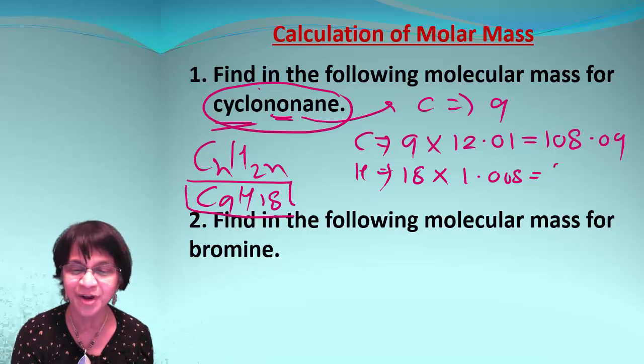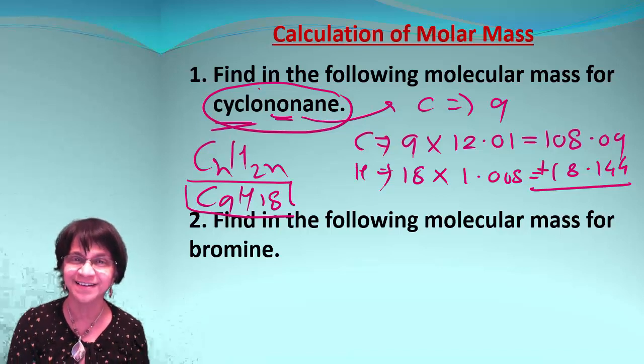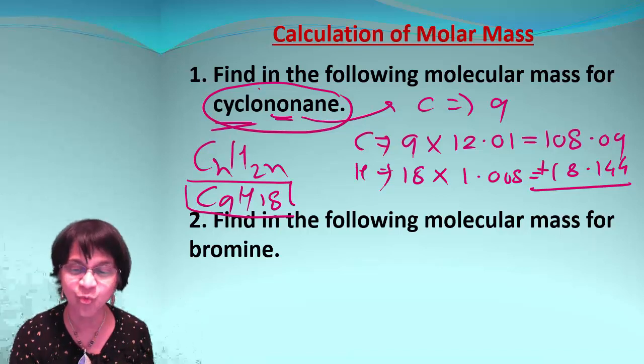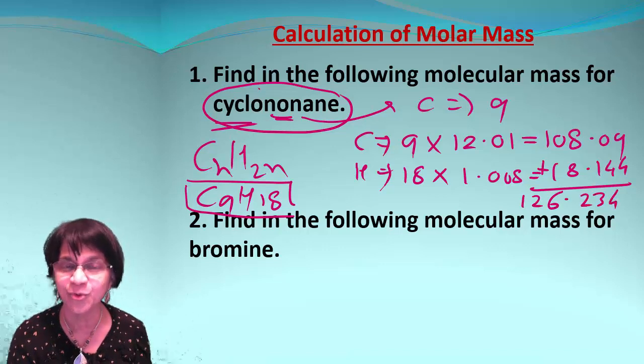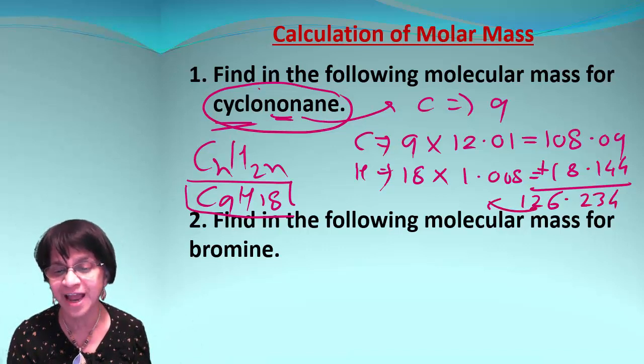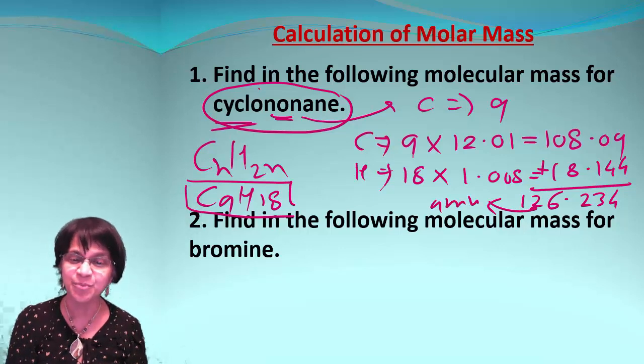When I multiply, I get 18.144. When I add these together, I get 126.234. And of course, the unit can be written as AMU, or grams per mole.